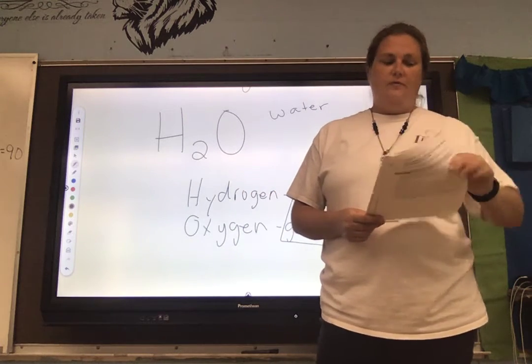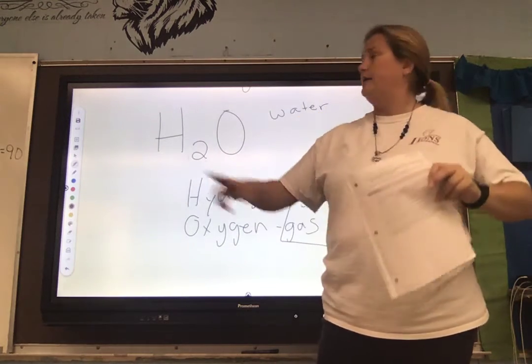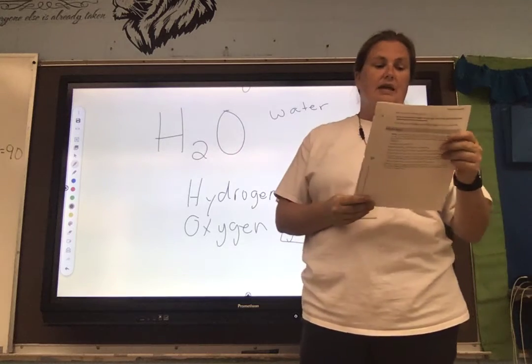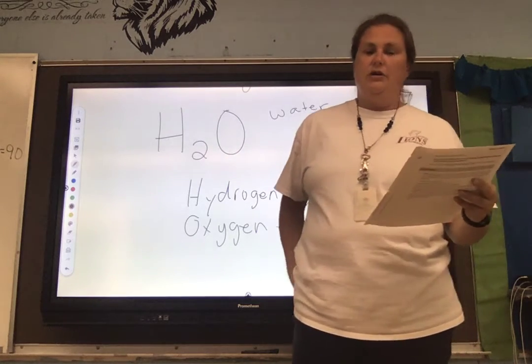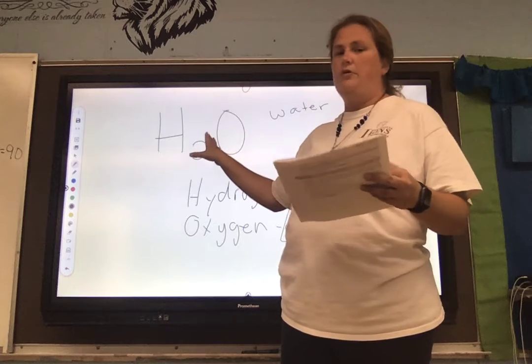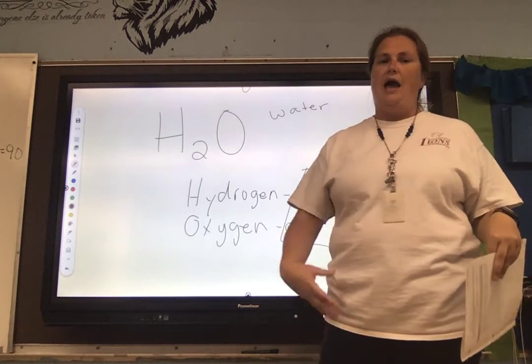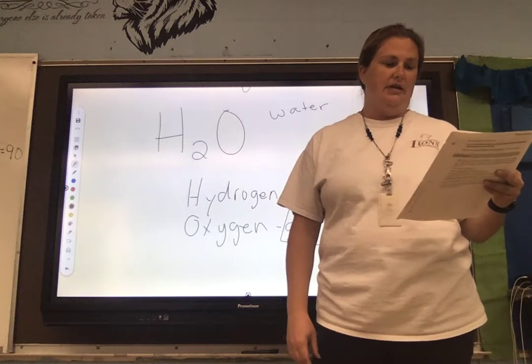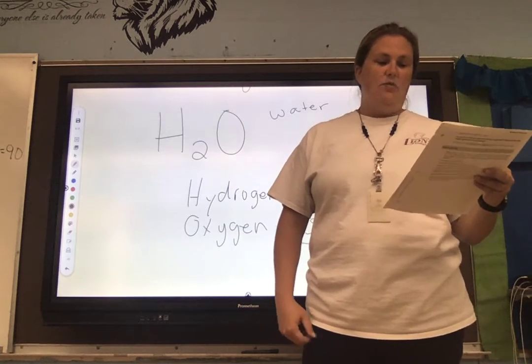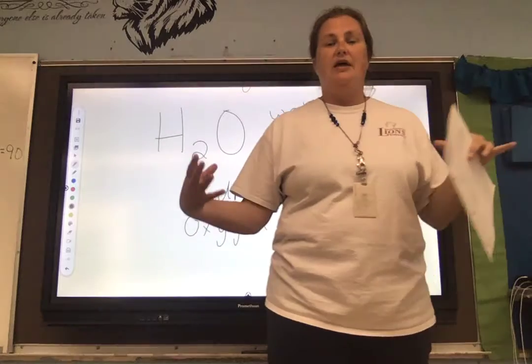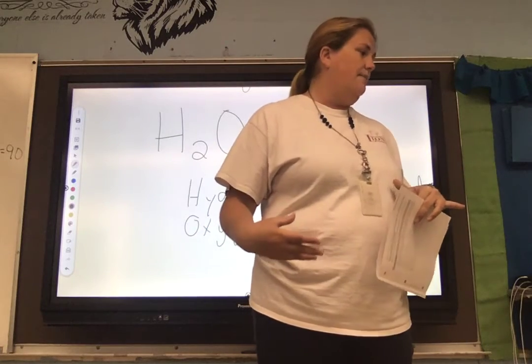What is the chemical formula for water? H2O. In our next science lesson, we're going to learn about that small 2. I'm going to go ahead and tell you that's called a subscript, and that's going to tell you how many of those elements you're going to need. But for today, we're just going to look at the elements that create these compounds.